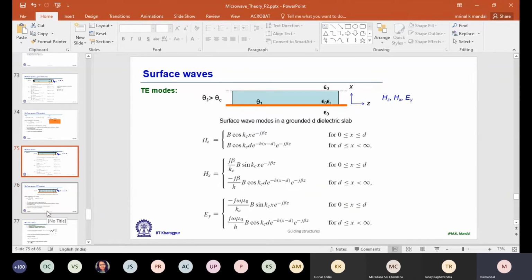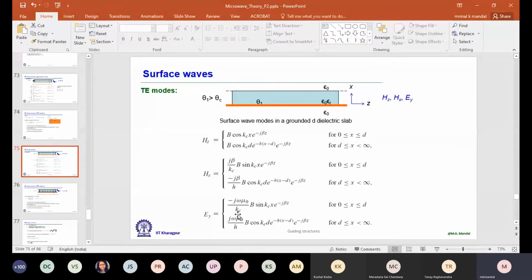So for TE modes, you see here magnetic fields, they have similar expressions like electric field components. Well, if I look at EY variation, then for TE mode, EY, what is this direction? It is parallel to air dielectric interface and perpendicular to propagation direction.